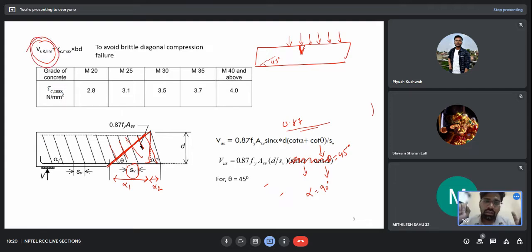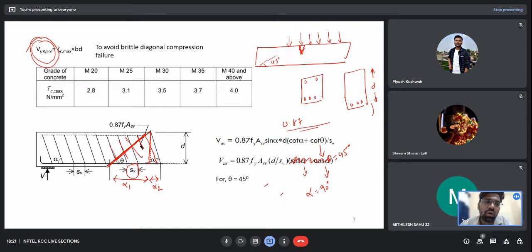Okay, so now this is one of the important discussions I am going to do. Like you all know, we have designed beams in our previous section, and we saw that if my design bending moment exceeds the moment of resistance of my beam, I provide doubly reinforcement, or the other method would be to go for singly reinforcement but with higher depth.